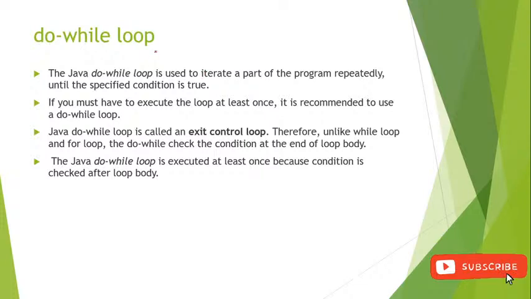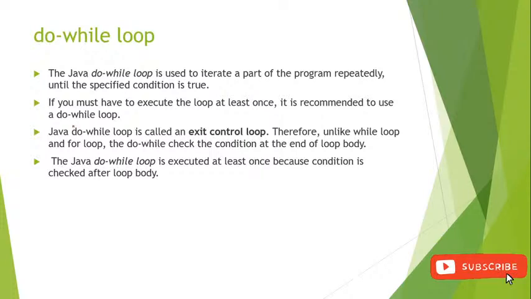If you must execute the loop at least once, it is recommended to use the do while loop. Even if our condition is false, our statement will execute at least once, because it will execute the statement first and after that it will check the condition at the last.